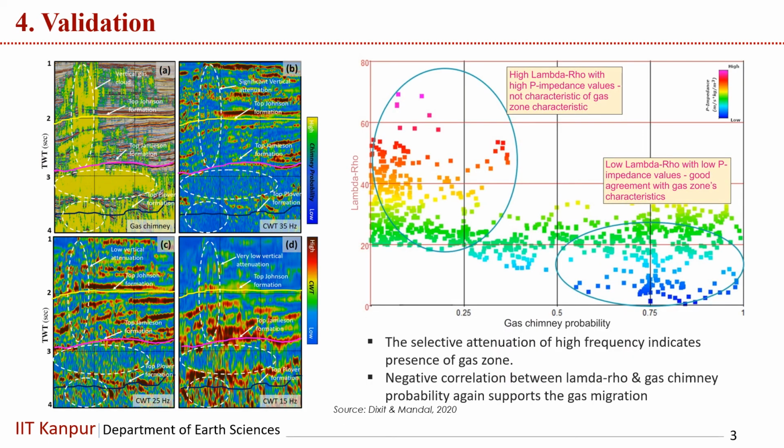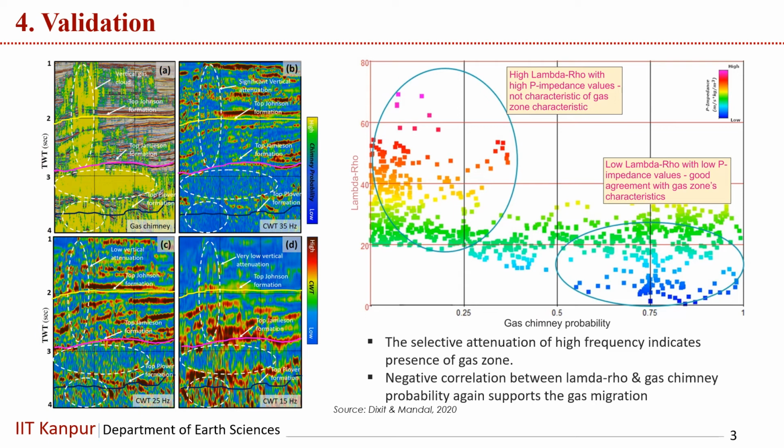To validate this result, we have used two techniques. First is spectral decomposition, where we checked the result with three different frequencies: 35 Hz, 25 Hz, and 15 Hz. For spectral decomposition, we have used the CWT technique.